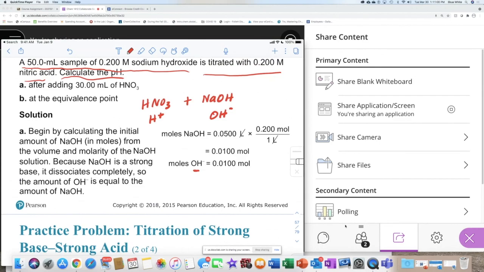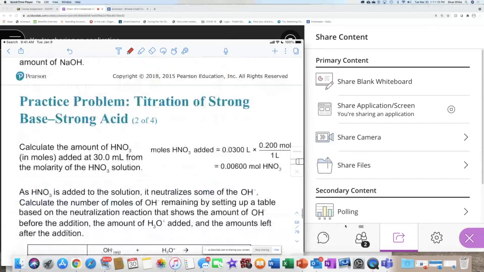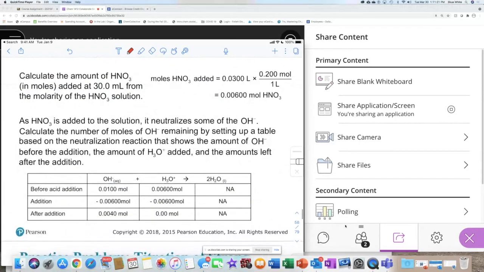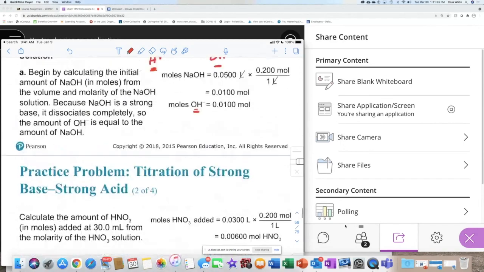Write the net ionic equation, and you probably were wondering, why is she taking us back to 1411? It's to show you that when we're dealing with acid-base reactions, we're really dealing with H+ and OH- reactions. Okay, so H+ is reacting with OH-, right? So we're trying to figure out how much OH- we have versus how much H+ we have in this structure right here. And so we can see what is left over and what's reacting. So we're going to be doing that.